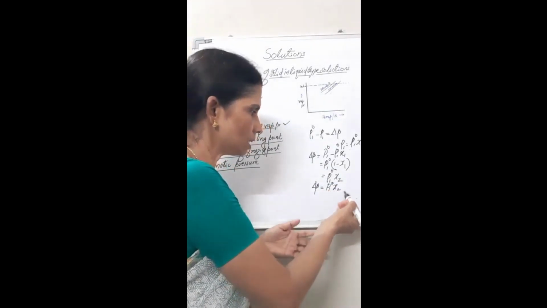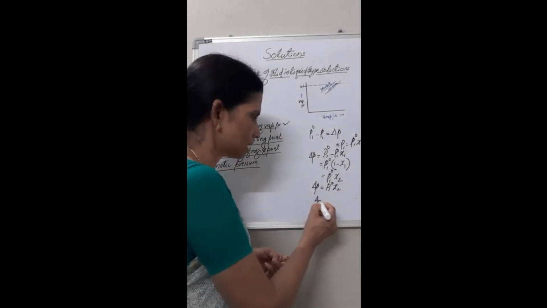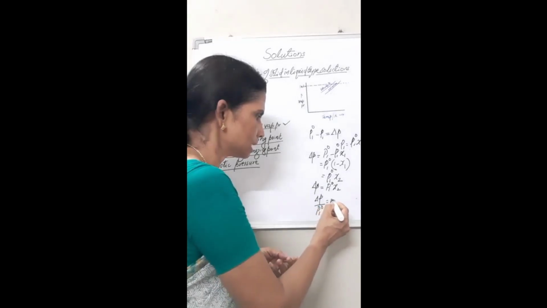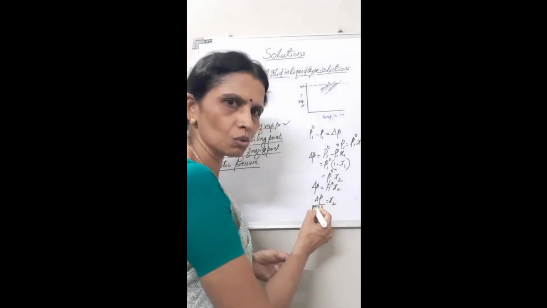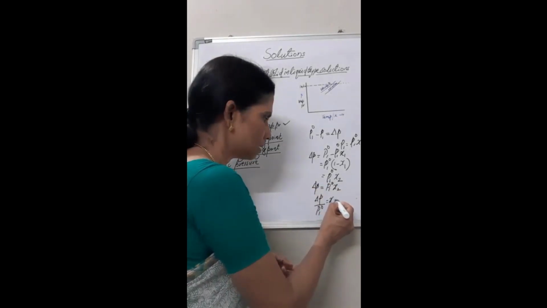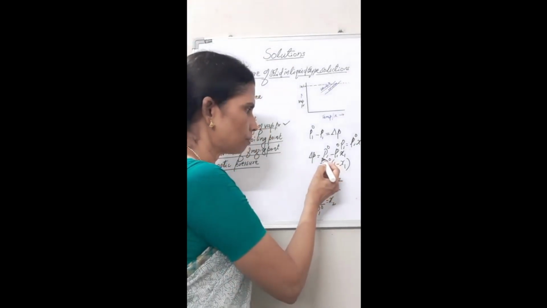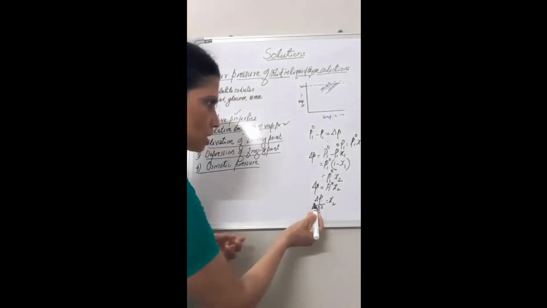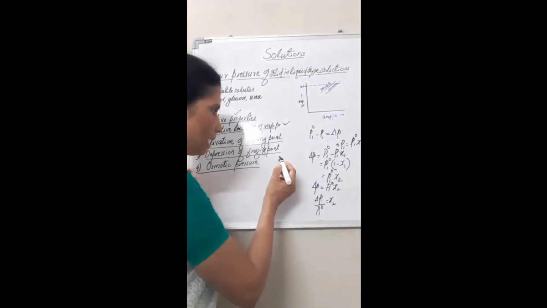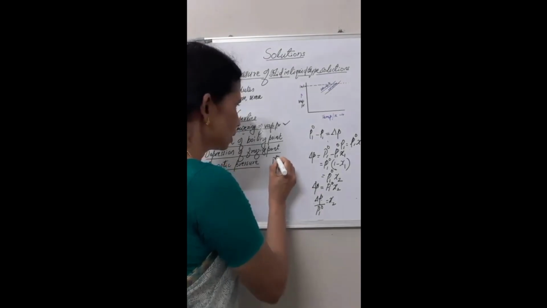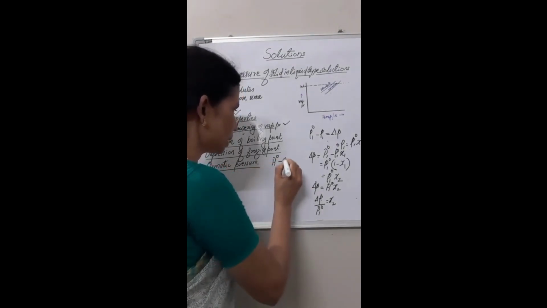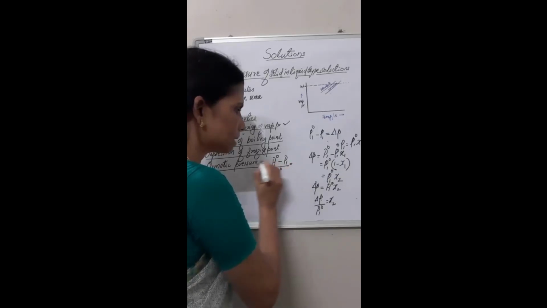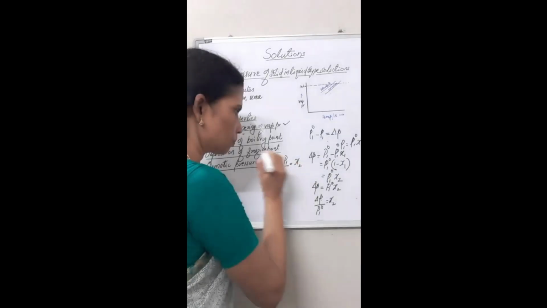Now if we rearrange this, we can write it as ΔP divided by P1° is equal to X2, and ΔP is P1° minus P1. Hence this equation can be written as (P1° minus P1) divided by P1° is equal to X2.